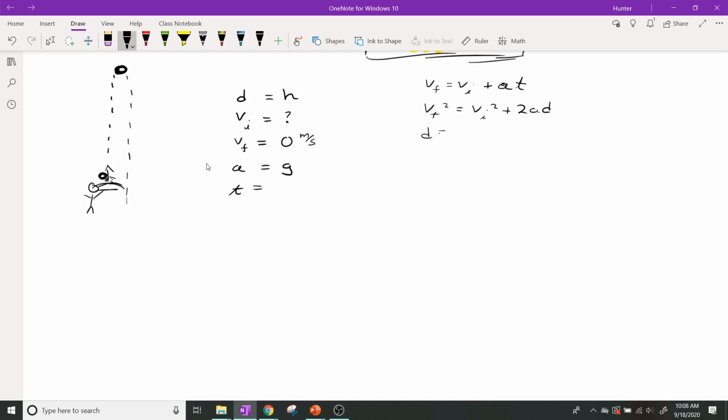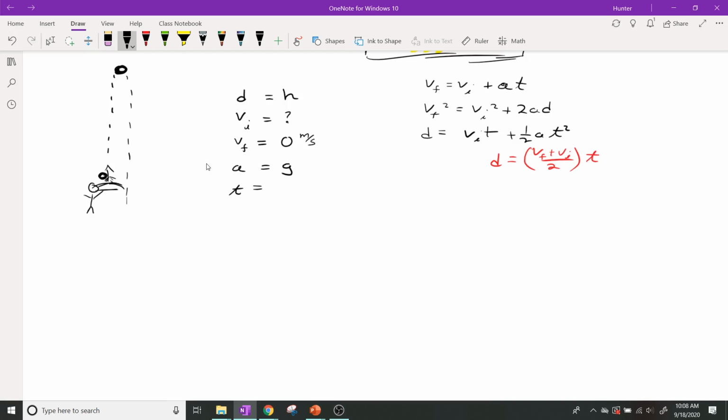And then displacement equals VIT plus 1/2 AT squared. Our three equations. The forbidden equation. Do y'all really want to do that? Displacement equals VF plus VI over 2, times T. I guess the more times I put it up there, the more likely you guys are to remember it.